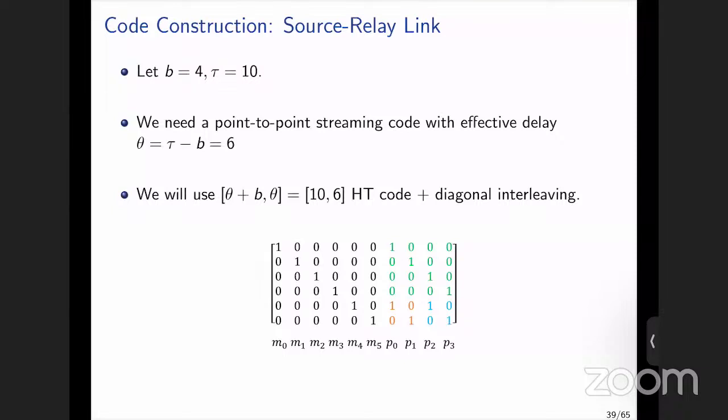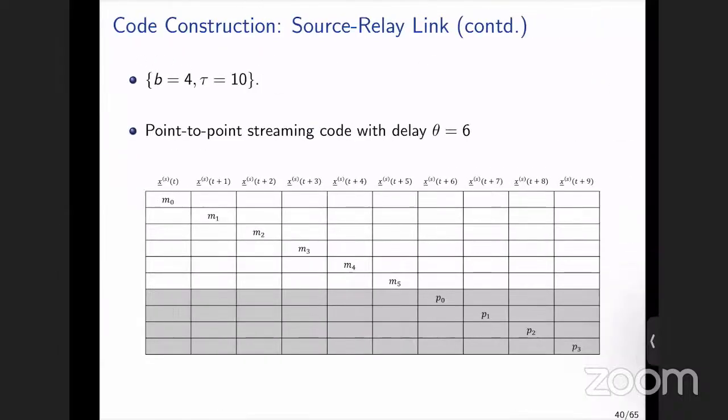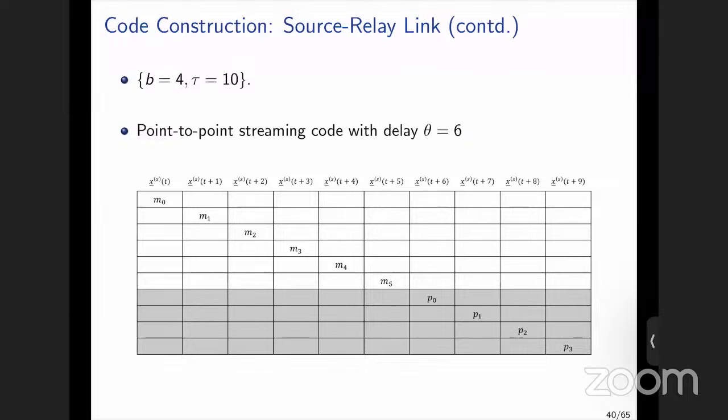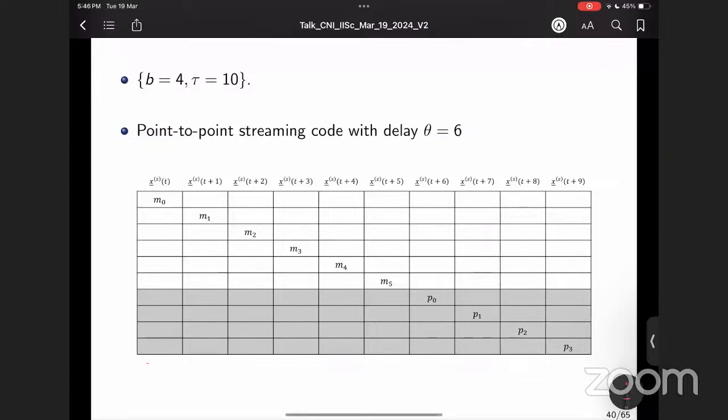So we have a generator matrix. Let's say M0, M1, M2, M3, M4, M5 are the message bits, and P0, P1, P2, P3 correspond to the parity bits. And how are we going to do the diagonal interleaving? Diagonal interleaving will be done like this. If you look at the coded packets which are sent by the source, each column corresponds to a coded packet.